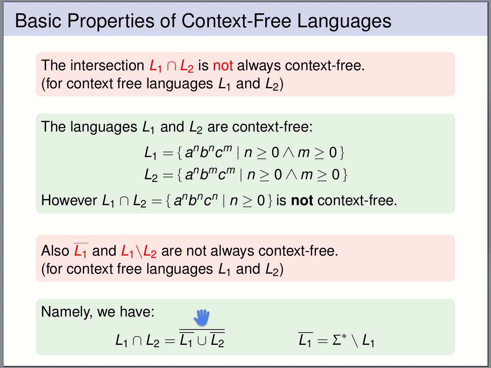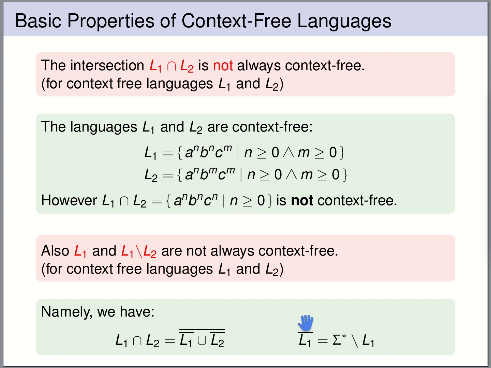We have already proven that the union preserves context-freeness. So the union of context-free languages is context-free. If the complement would preserve context-freeness, then the intersection would also. But we know the intersection does not, therefore the fault must lie with the complement. The complement does not preserve context-freeness.